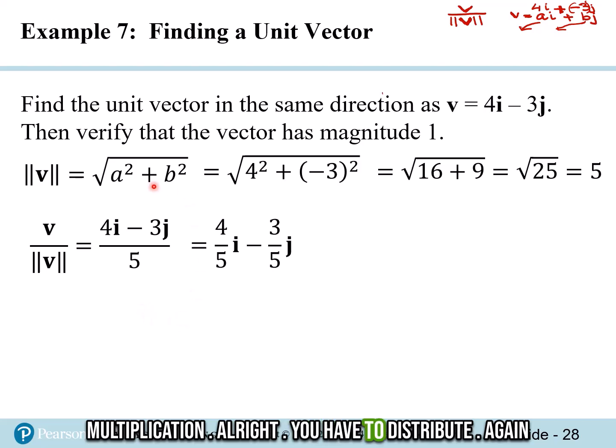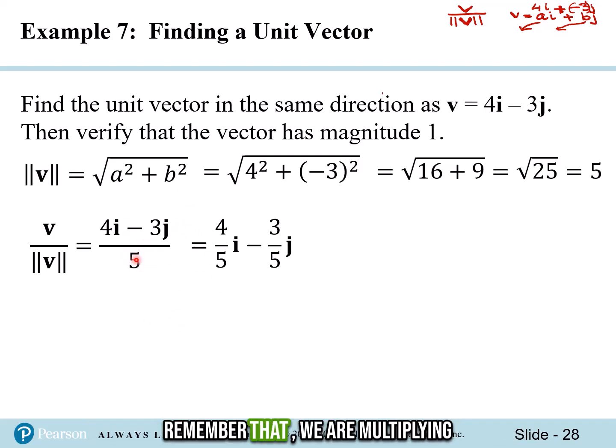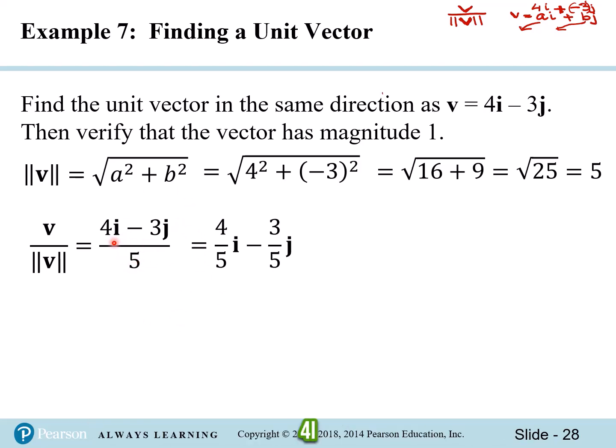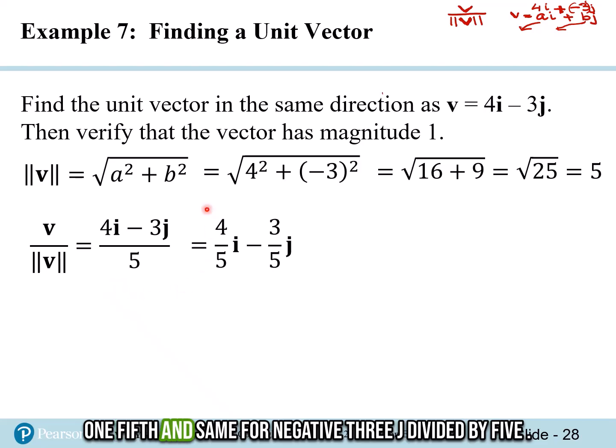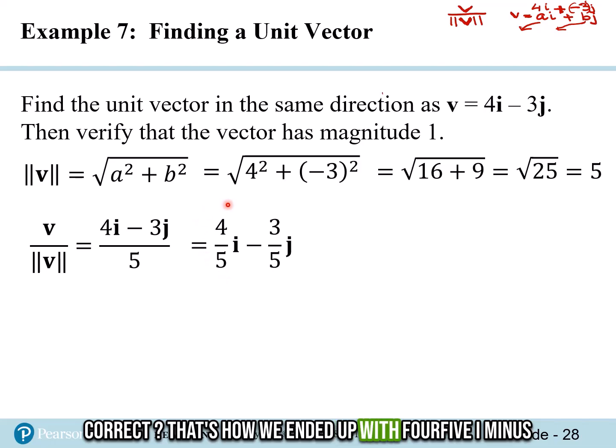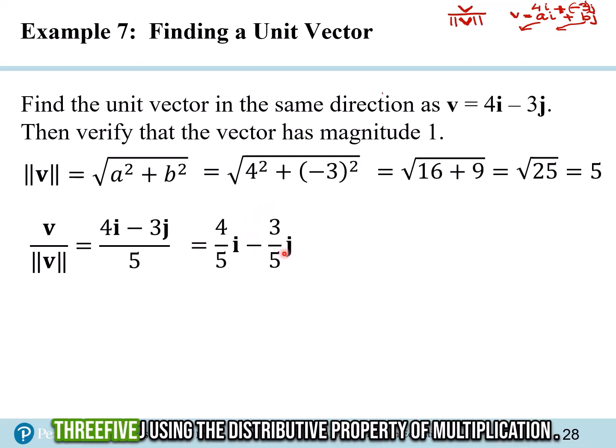All right, you have to distribute. Again, remember that we are multiplying 4i by 1/5. 4i divided by 5 is the same as multiplying 4i by 1/5, and same for negative 3j divided by 5. Correct? That's how we ended up with 4/5 i minus 3/5 j using the distributive property of multiplication.